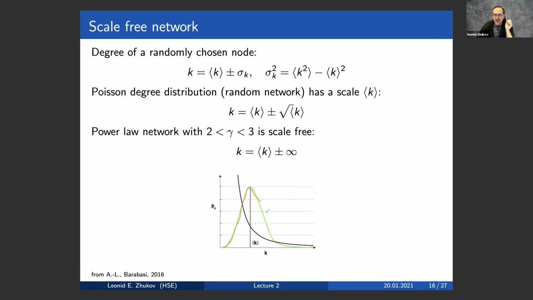It has this nice bell shape, which really tells us that there is the highest probability for a node to have certain degrees here. This is the average node degree, and all other nodes have degrees that you get by taking this average, plus or minus sigma.